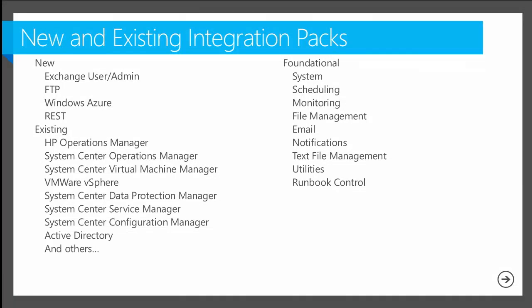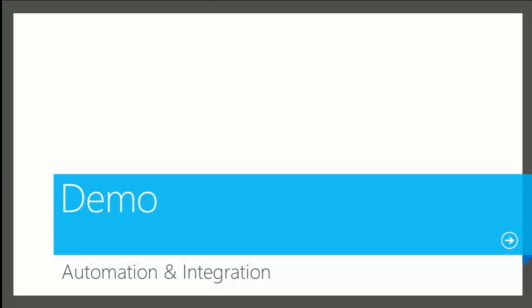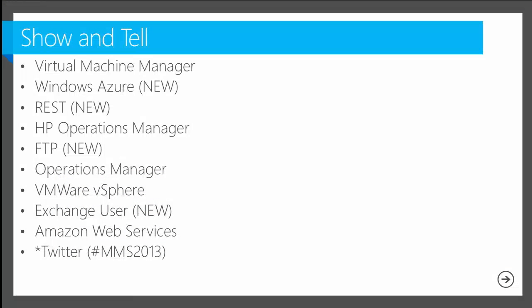So if you're using any of those activities, note that you'll have a couple of updates that target the runbook server and also the runbook designer. But again, those are foundational to the product. Those are there before you integrate with any other integration packs. So let's build some of our own. This is the cool part.